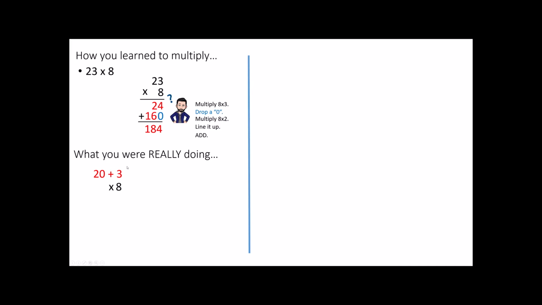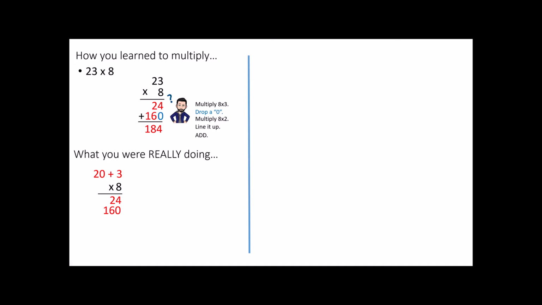Now, that may seem a little more complicated, but notice what happens when I set up the rest of the multiplication problem. Now I say 8 times 3 is 24, just like before, but instead of dropping a 0 and saying 8 times 2 is 16, now I'm doing 8 times 20 is 160.